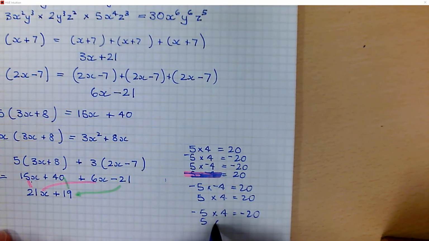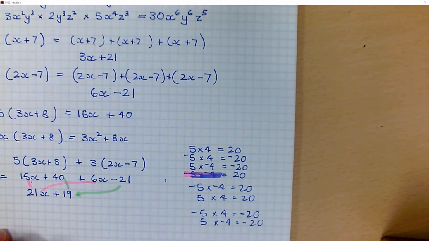And 5 times minus 4 is minus 20. Now, the rule is that if they are both negative or both positive, it's a positive answer. And if one is negative and one is positive, it's a negative answer. But the actual number will always be the same, 20.